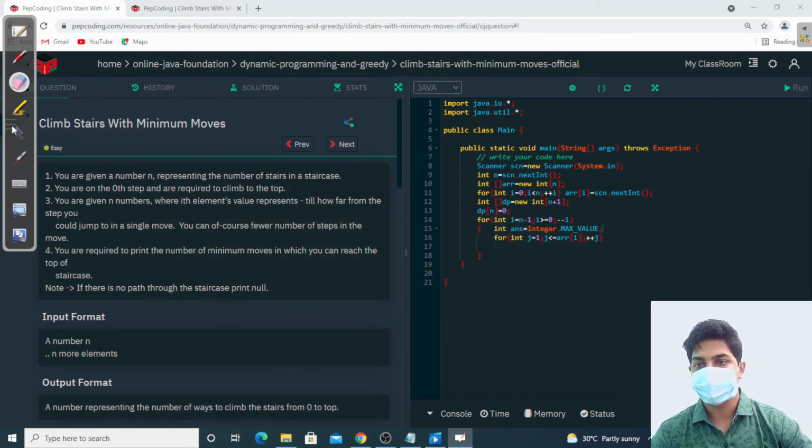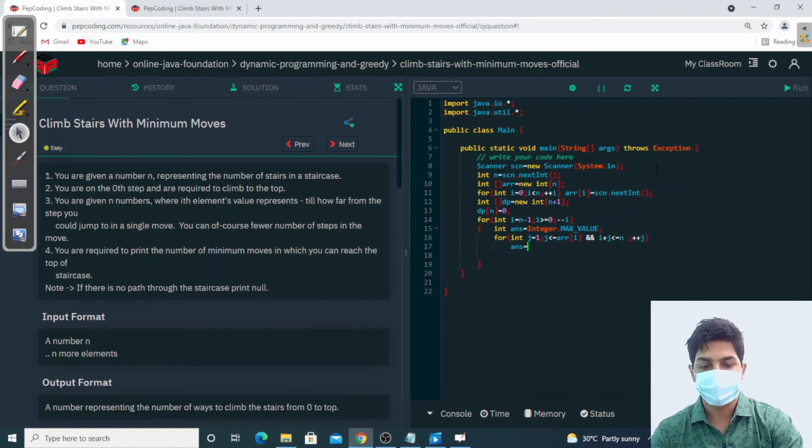Now let's code it. So we need to write one more check over here, to see whether this jump is useful to me or not. So how will we write that? If i plus j is less than or equal to n, then only I will take this jump.